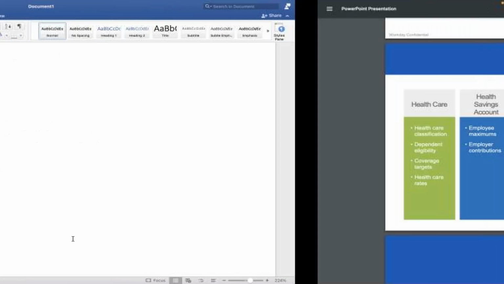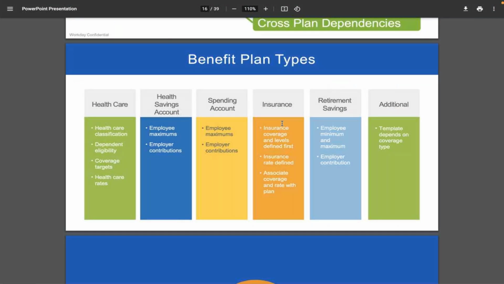This kind of plans falls under insurance. And then retirement savings. I hope you might be well aware of retirement savings. You might already be contributing to 401k, pension plans, PF. For example, in the USA we have 401k, in the UK we have pension, in India we have provident fund.